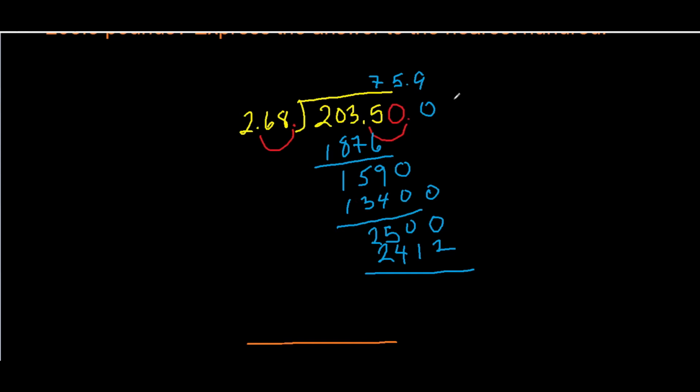We're going to drop another 0 here because we still have a remainder. So 2500 minus 2412, that's 88. And we'll drop a 0 down there. So this 0 went to here. This 0 went to here.